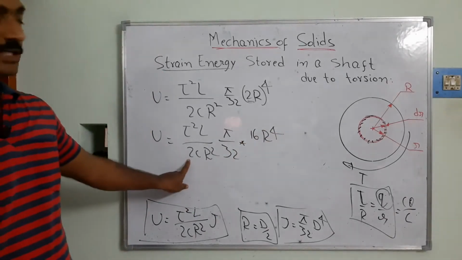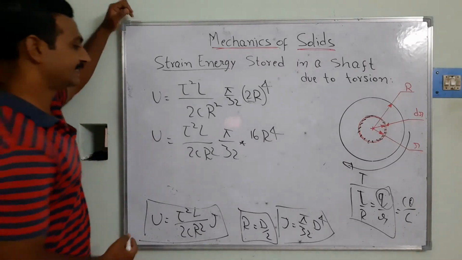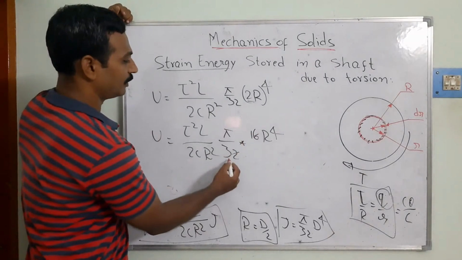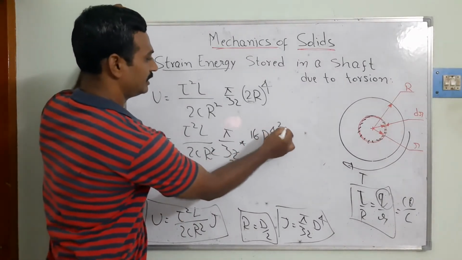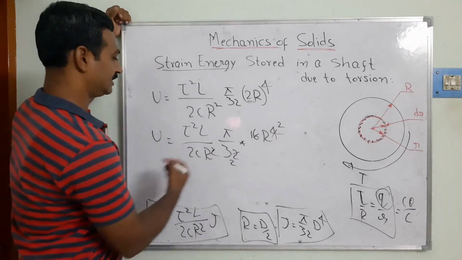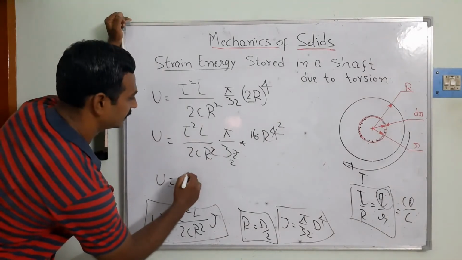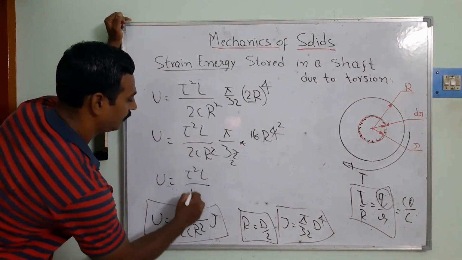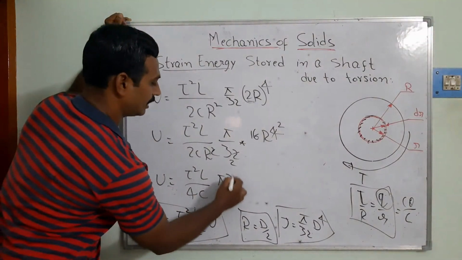From this equation once again we simplify. This is going to cancel 2 times, and R square will go a single time. So further simplification, U is equal to tau square L by 4C into pi R square.